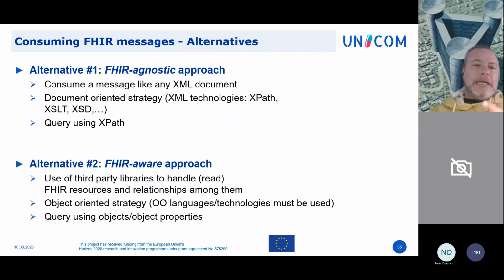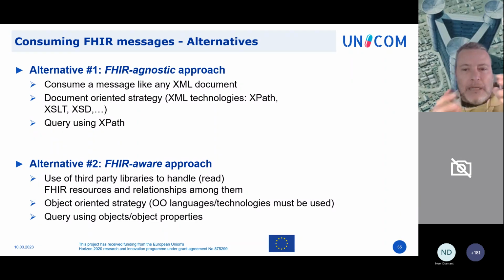How can we consume a FHIR message? We saw basically two different alternatives. The first one, we called the FHIR agnostic approach. FHIR has two possible physical representations, JSON and XML.